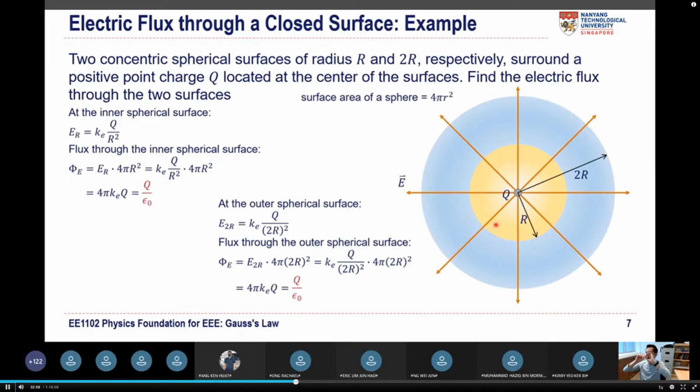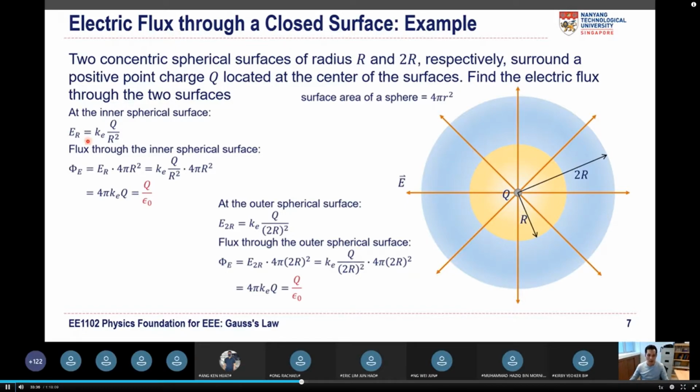You remember how we draw the electric field of a positive point charge: it's directed radially outwards, in three dimensions. So at each little surface element on the surface of this inner sphere, the surface area is always at 90 degrees to the direction of the electric field.